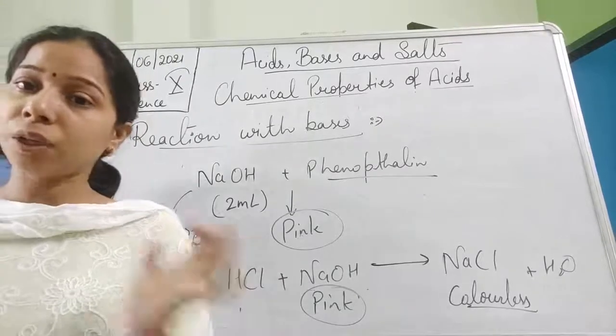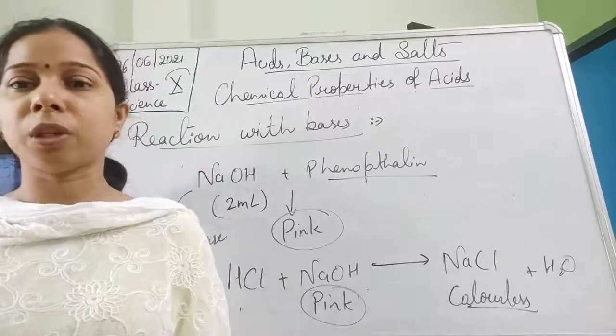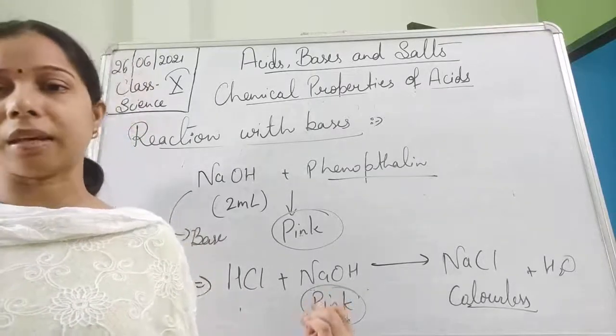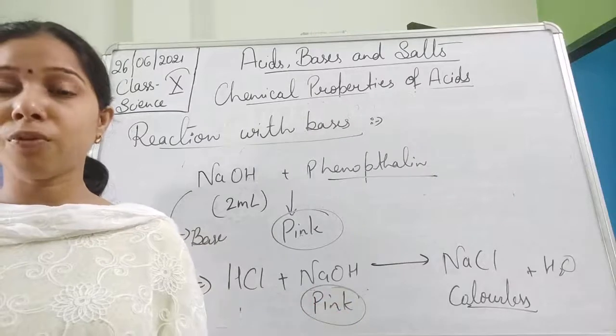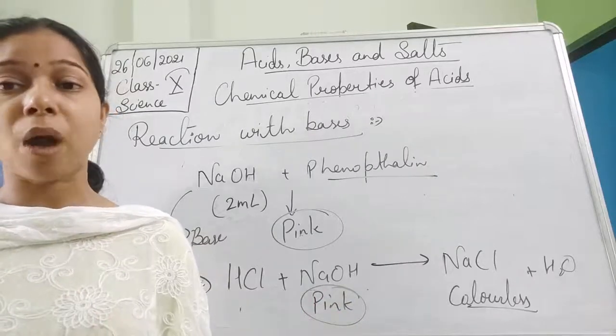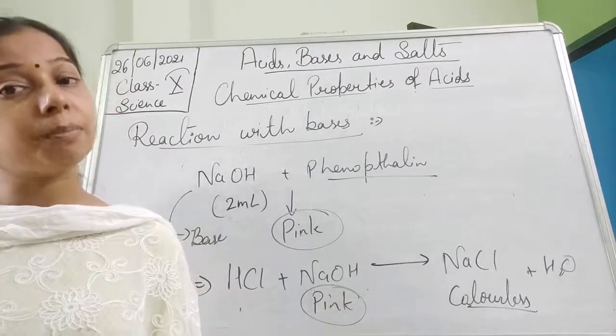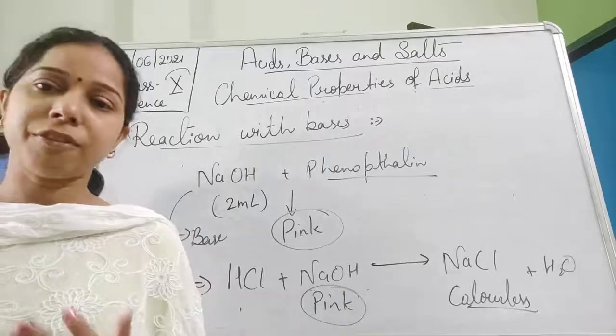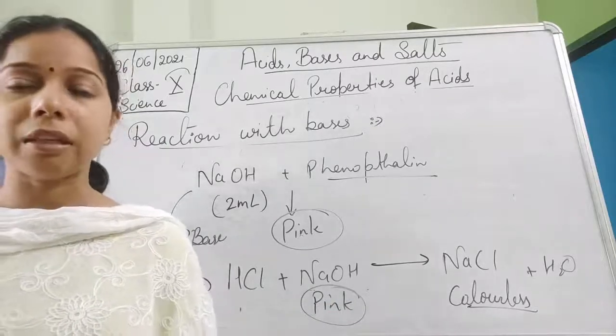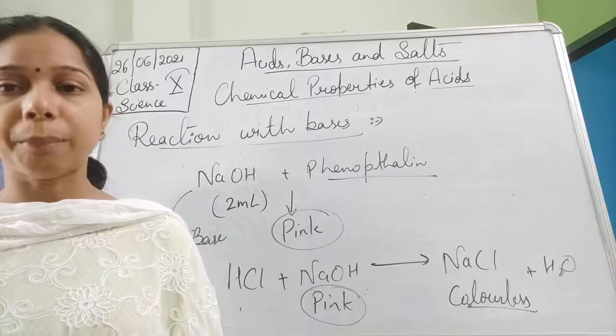Now again, in that neutralized solution, if you add a few drops of sodium hydroxide, it will change its color to pink. This proves that right now it is neutral, but when you add base again, it becomes basic in nature, and with phenolphthalein it will change its color to pink.